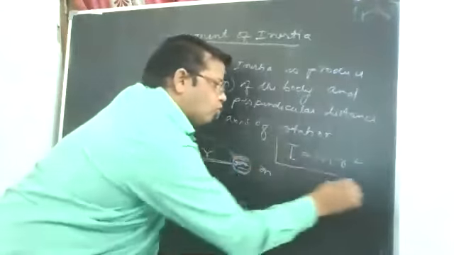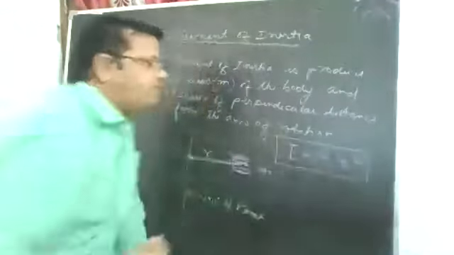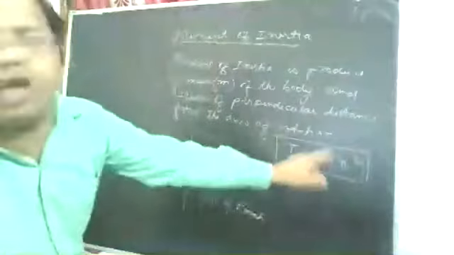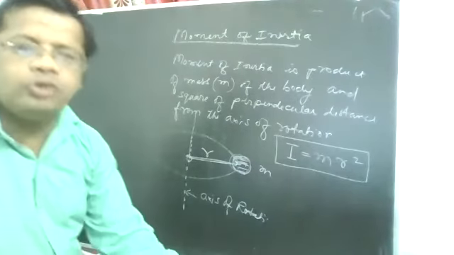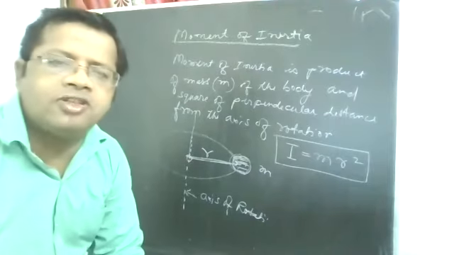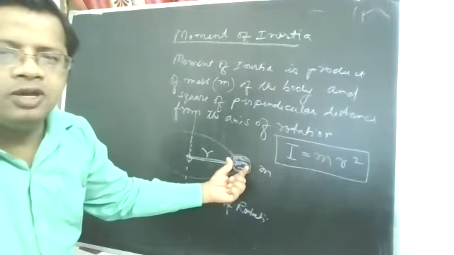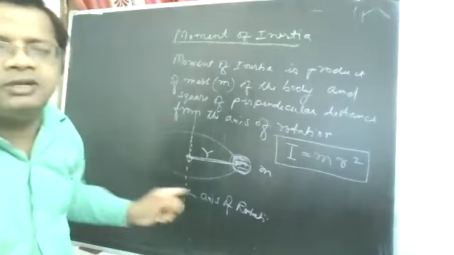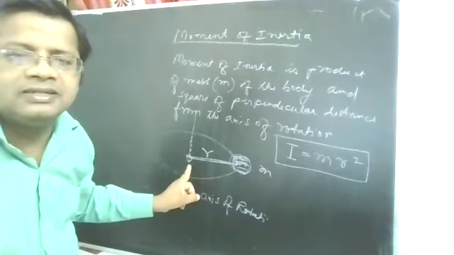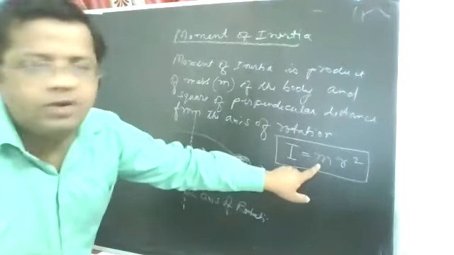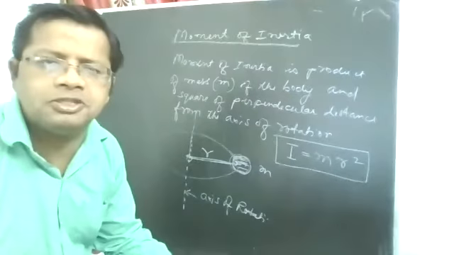I equals m r square. So you should know that the formula of moment of inertia of any mass rotating around a given axis is m into the square of the perpendicular distance.